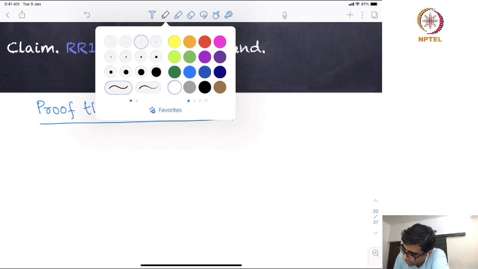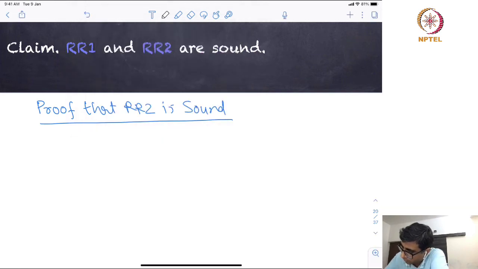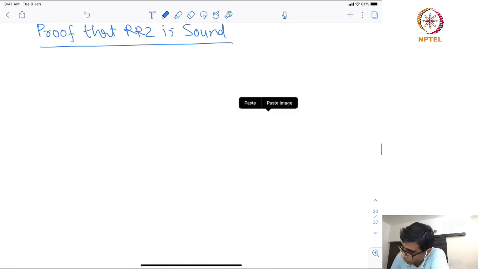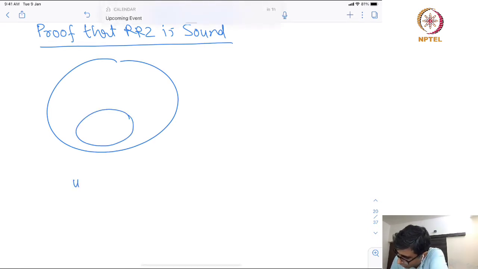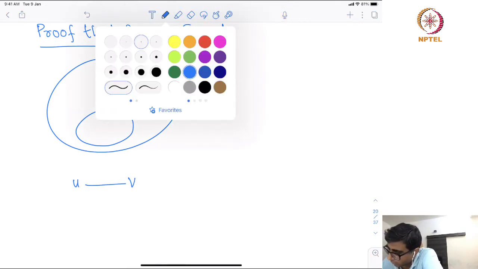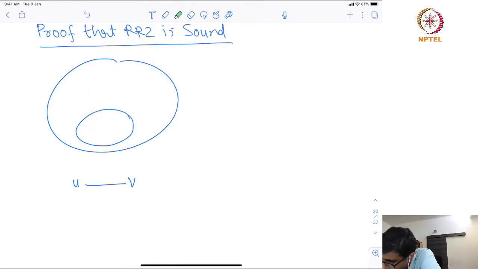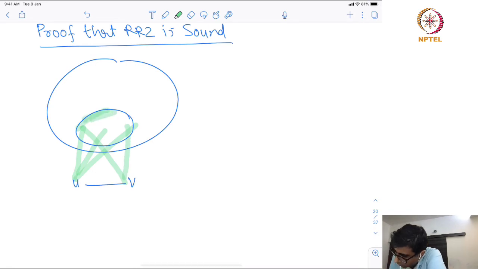First, what it says is that, suppose this is my graph, and here is an edge UV, which has an edge between them, and they have the same neighborhood. U has the same neighborhood, V has the same, which is this patch.